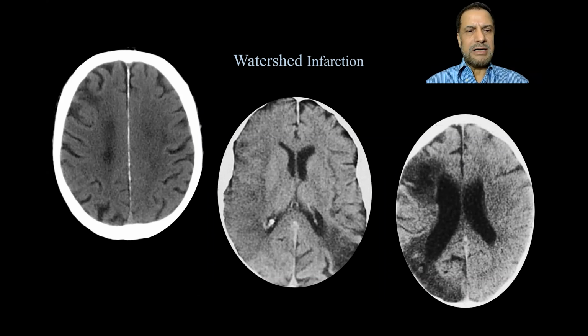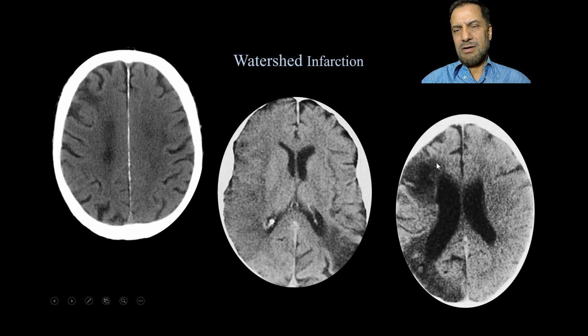Another terminology that we commonly use is watershed infarction. Like in this case, there is an infarction here, which is the boundary between the anterior cerebral and middle cerebral artery. So this is far from ACA, this is far from MCA. Whenever the blood pressure goes down and there's an ischemic event, this is the place where they have infarction. And the same thing here, this is a PCA, MCA territory watershed infarction.